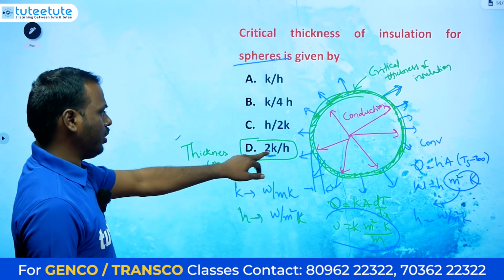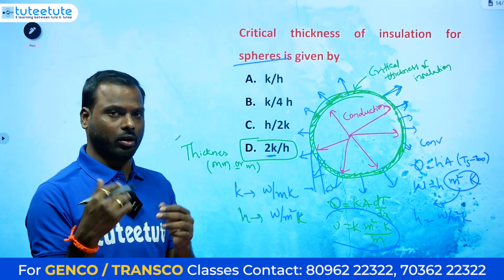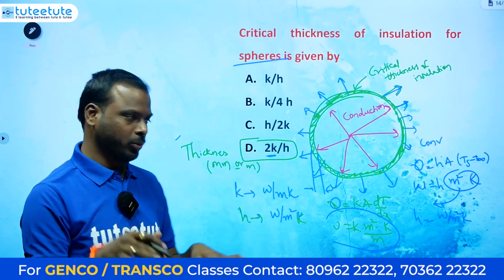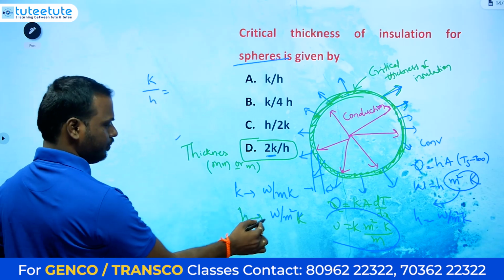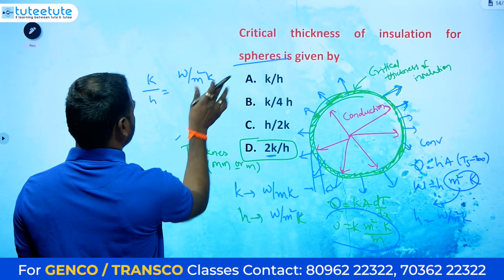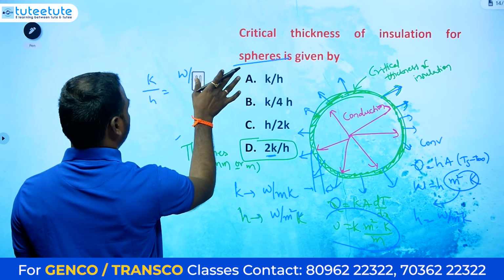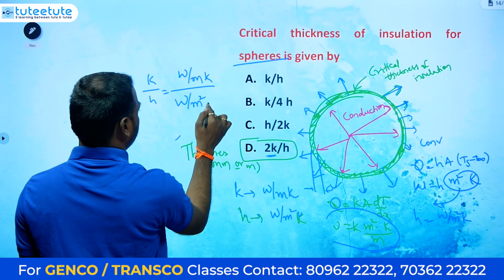Looking at 2K by H, we can generally be confused between K by H or H by K. Taking K by H, the units are watt per meter Kelvin by watt per meter square Kelvin.